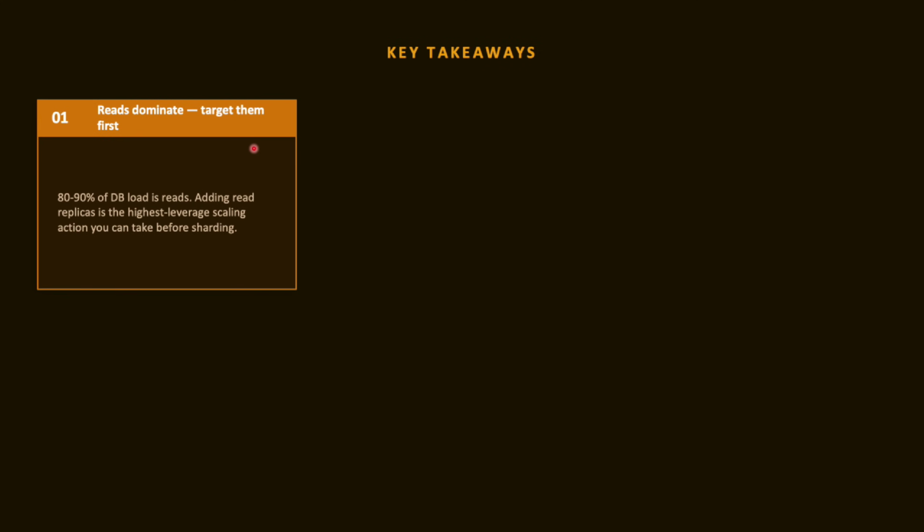Dear students, now let's talk about 5 takeaways from this lecture, right? Number 1, reads dominate. If your database is struggling, the first question is, are reads the bottleneck? They almost always are. And adding read replicas is the highest leverage, lowest complexity scaling action available to you.